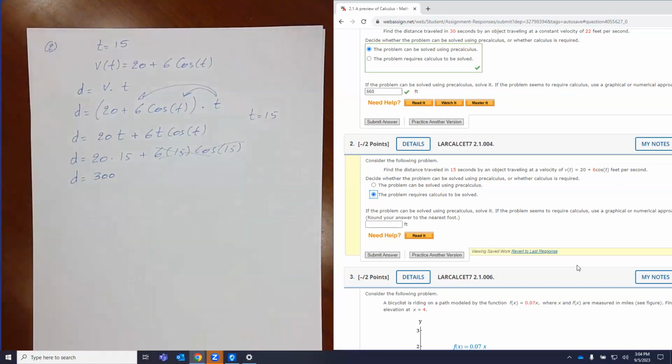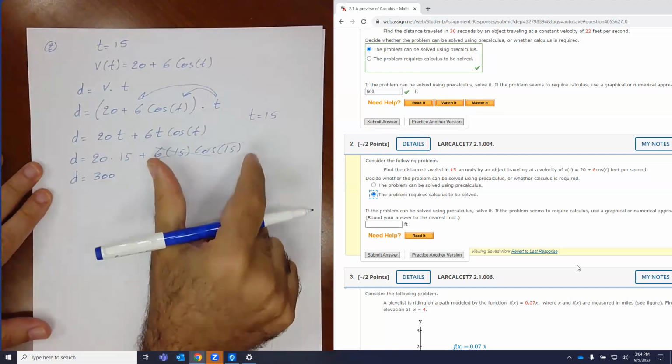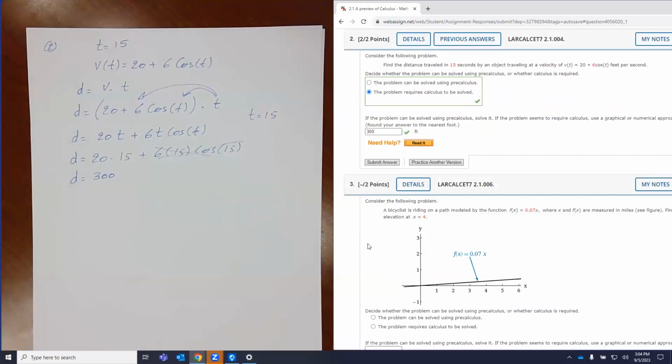This is just an approximate solution using pre-calculus, so I have to ignore this part because it requires calculus. So I'm just going to say it's 300. That's it for this example.